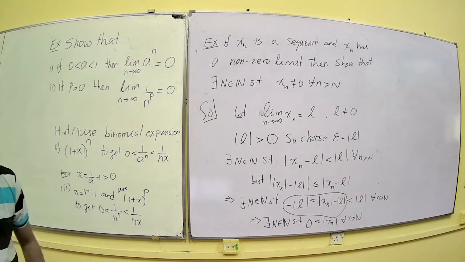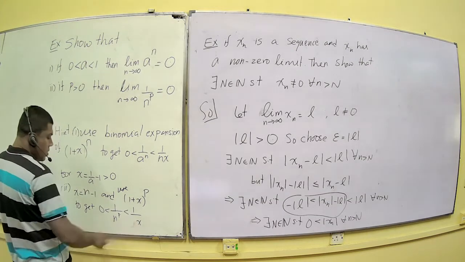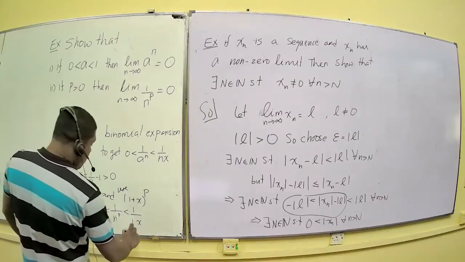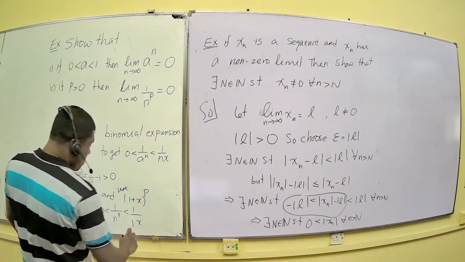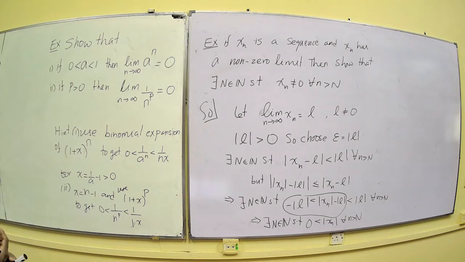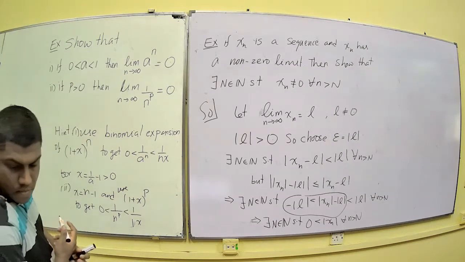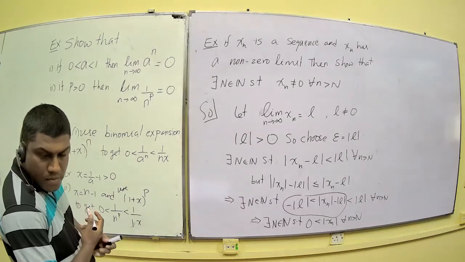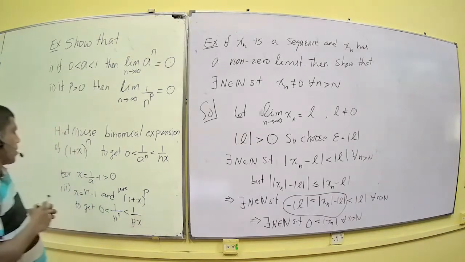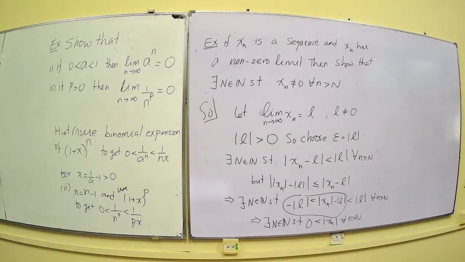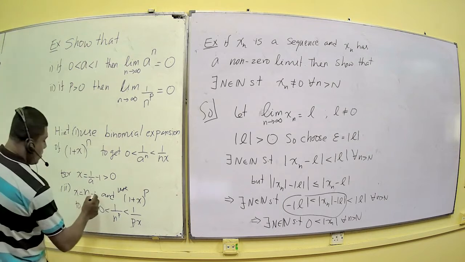So you choose x like this, and clearly x is greater than 0, that is understandable, right?